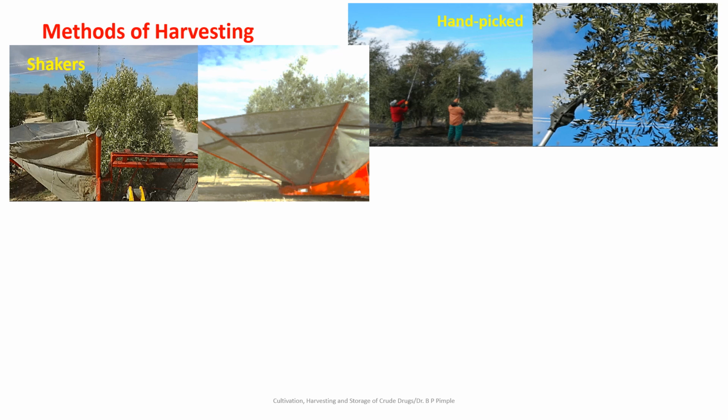Then in case of olives, thrashers or shakers are used, wherein the plants are shaken with mechanical shakers, and the loosely held fruits fall off. And to prevent the fallen fruits from damage, those are collected in large cloth sheets.